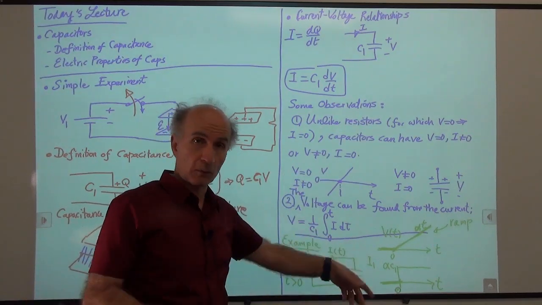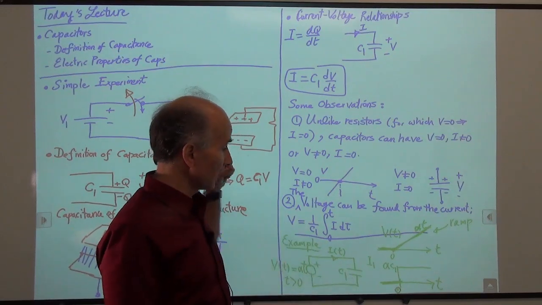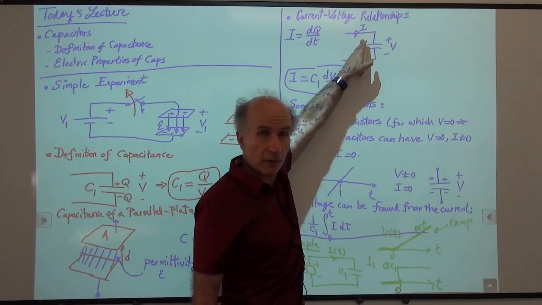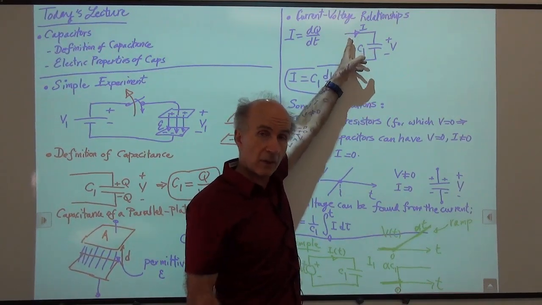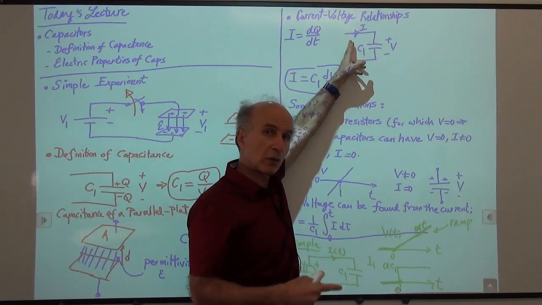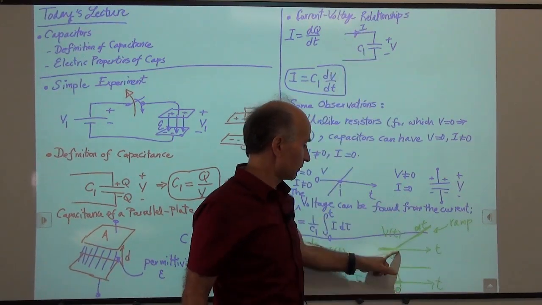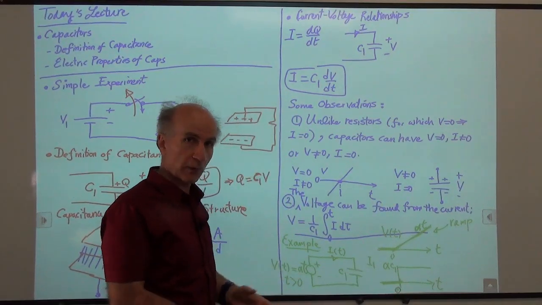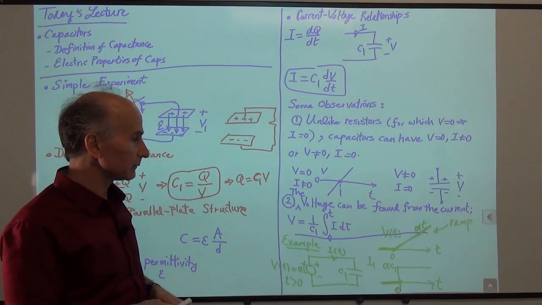That's good too, right? It goes both ways. So yes, we can also say it that way. So if somehow I manage to create a current through a capacitor that is constant, so let's say 1 milliampere at all times, then I can be sure that the voltage on the capacitor grows linearly with time with some slope, right? So that's one good thing to know.